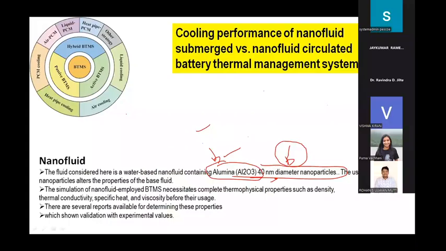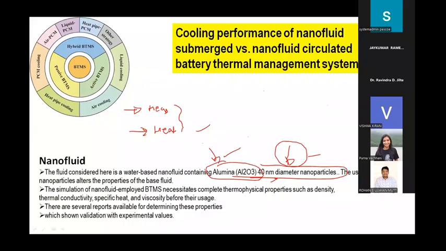It improves the heat dissipation, but it can also reduce the heat dissipation. So there are contradictory findings available on the use of nanofluids and nanoparticles. You need to first figure out from the available findings what is the best nanoparticle size which can be taken.